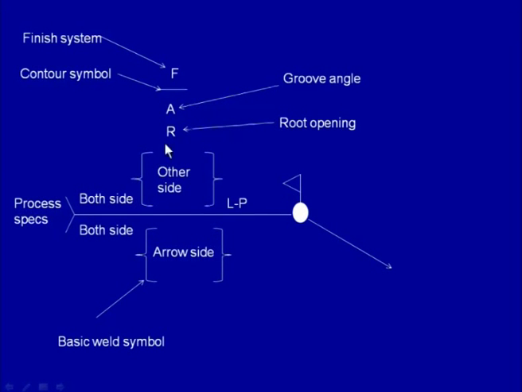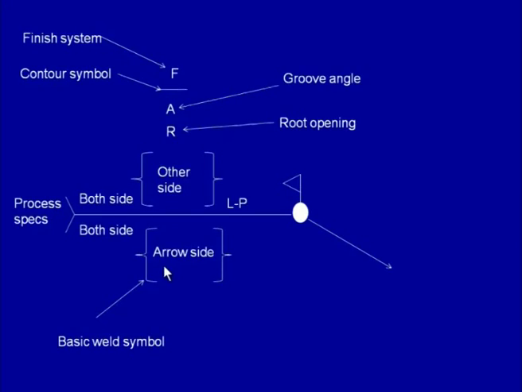So, on both the sides, these big brackets indicate the arrow side and other side. Basically, in place of these we use the basic weld symbol, which can be square, bevel, double V, single V, or any other kind of weld which is to be made for developing the weld joint.